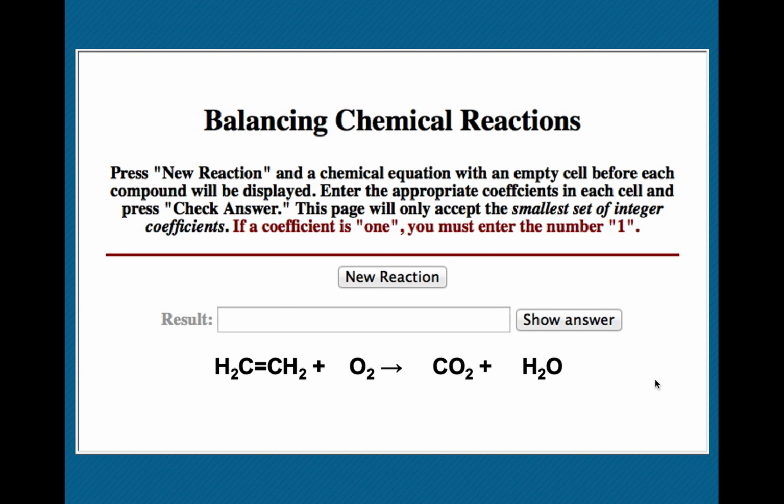Okay. This is the organic compound ethene reacting with oxygen to give CO2 and water. Right away we see we have two carbons, only one. So let's put a 2 in here. We have 1, 2, 3, 4 hydrogen, only 2 here.